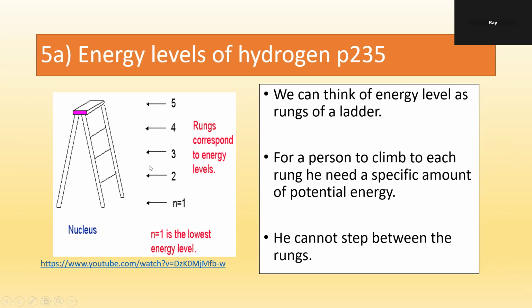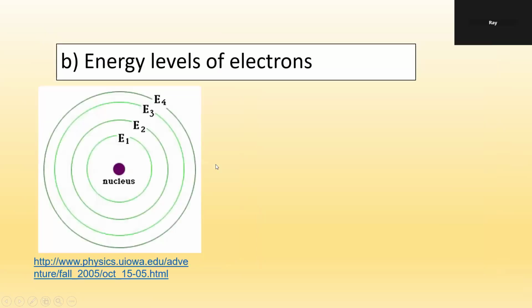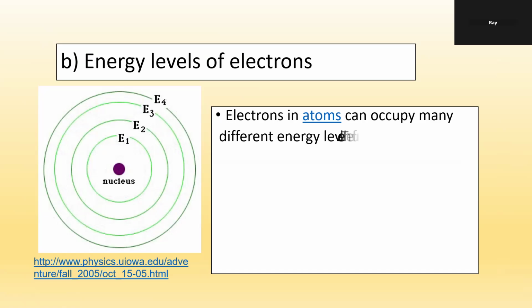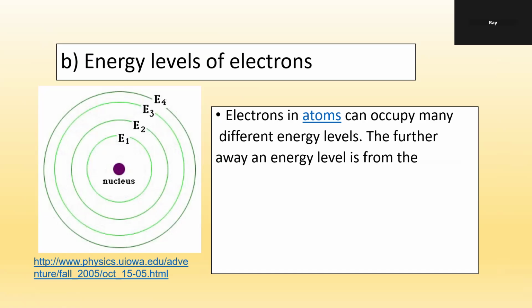Energy of electrons. Electrons in atoms can occupy many different energy levels. The further away an energy level is from the nucleus, the higher its energy.